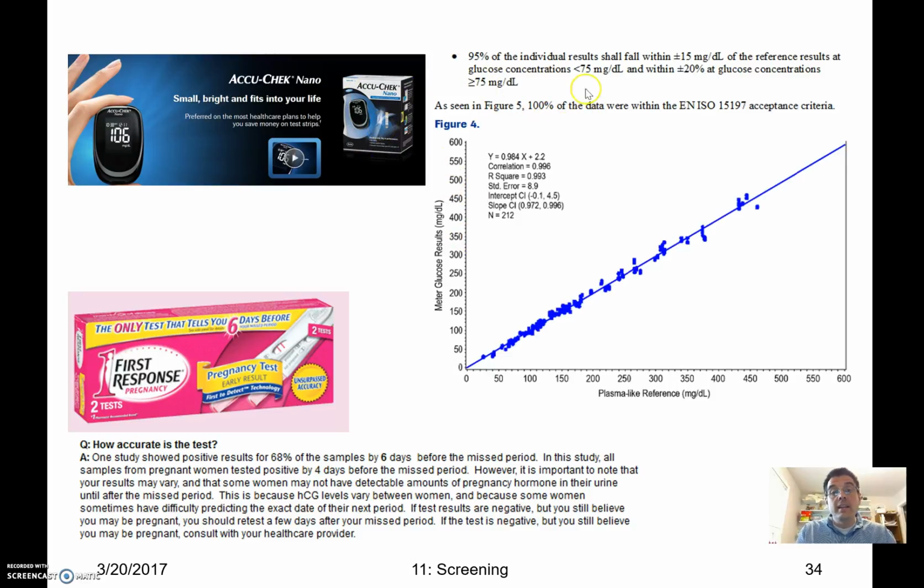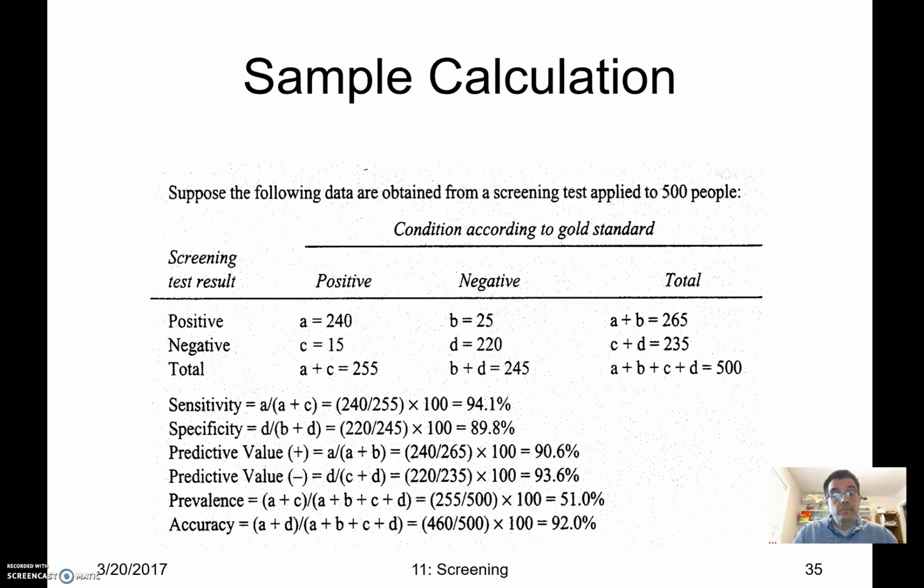There is a window where 95% of the individuals shall fall within 15 milligrams per deciliter if they use the screening test in the way that it's prescribed. The way they do this is through regression analysis and other types of calculation to determine that accuracy or validity. So there are lots of calculations one could do for screening tests.